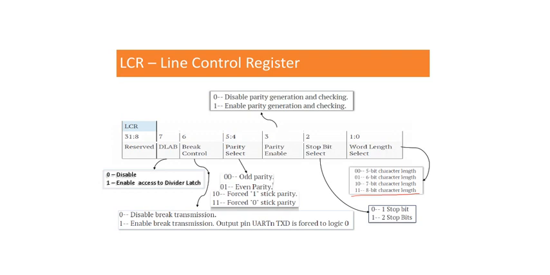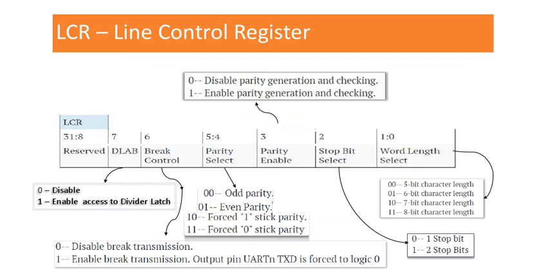In that scenario, the bits are 1 0 0 0 0 0 1 1, so the equivalent value is 0x83. Once we have set the baud rate, we are not going to access the latch. Then that bit becomes 0, and the value is 0x03 in hexadecimal.